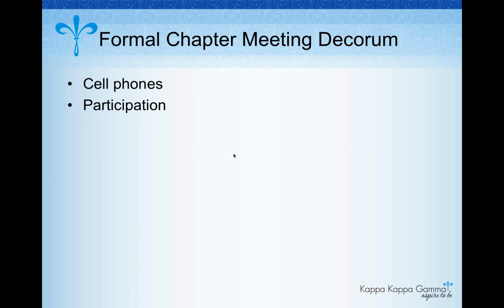When it comes to formal chapter meeting decorum, cell phones are always within seconds' notice. We can check Facebook and YouTube and emails. I would encourage you, if you have something in place already where the marshal and her ritual committee collects cell phones before entry into the formal chapter meeting, I applaud that.